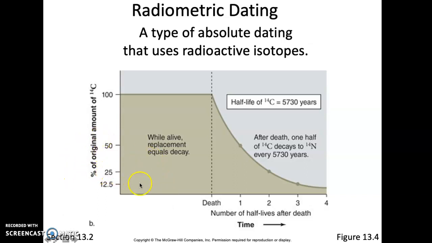And we have learned that it takes approximately 5,730 years to lose half of that carbon-14 that was originally in the living bone. So this is a graph showing that while it's alive, it has all of the carbon-14. And then 1 half-life means 5,730 years later, it only has half of the carbon-14 it did originally.